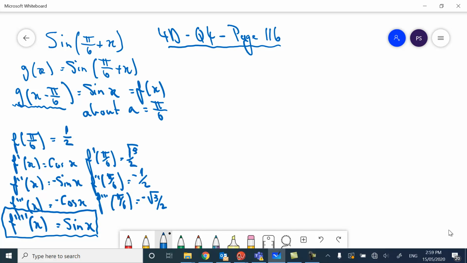So straight out, we can now write our Taylor series for sine x about the point pi on 6.